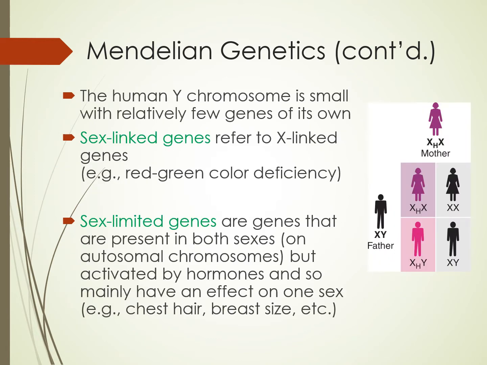As I said, the human Y chromosome is small with relatively few genes of its own. These are referred to as sex-linked genes, sometimes called X-linked genes, because it is the genes on those X chromosomes that are important here and that are different in males and females.